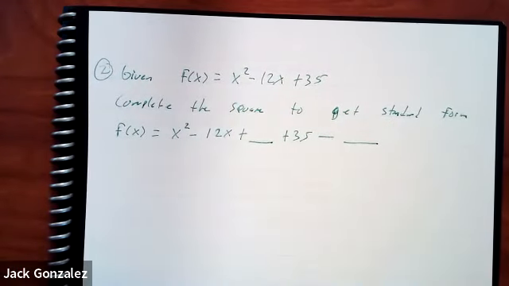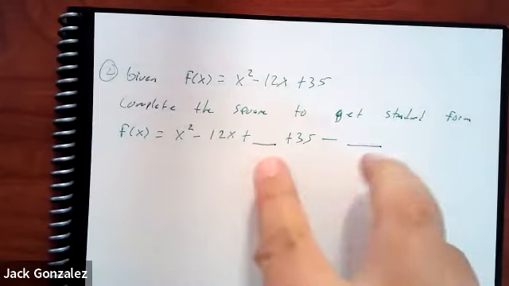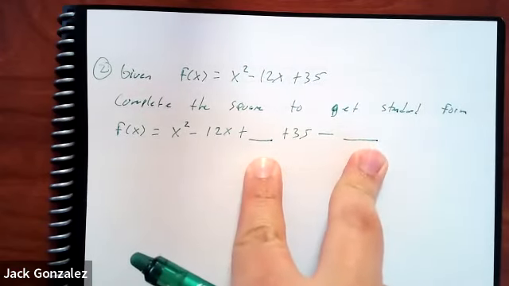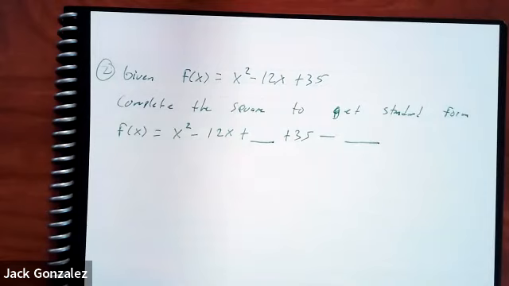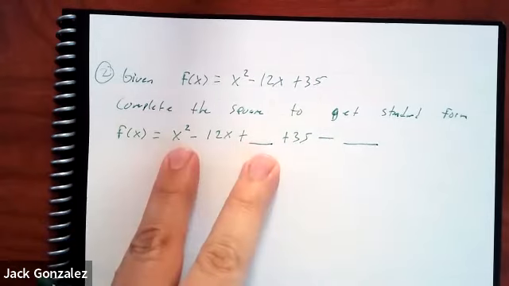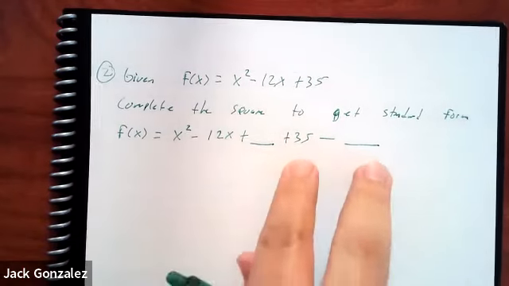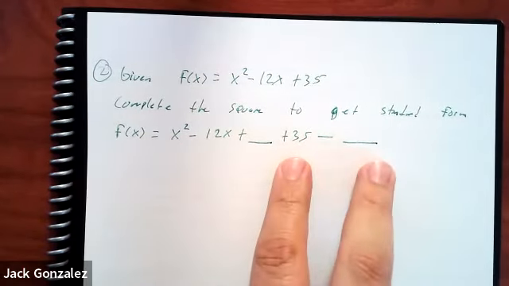So you have to add a special number and then subtract it, because we can't add it to both sides. You have to add it and then undo it. So essentially I'm doing nothing. For example, if the magical number was 2, you'd say plus 2 minus 2. But I'm not going to combine them. It'll create a perfect square here, which I factor, and then I'll combine these two numbers, whatever they are.